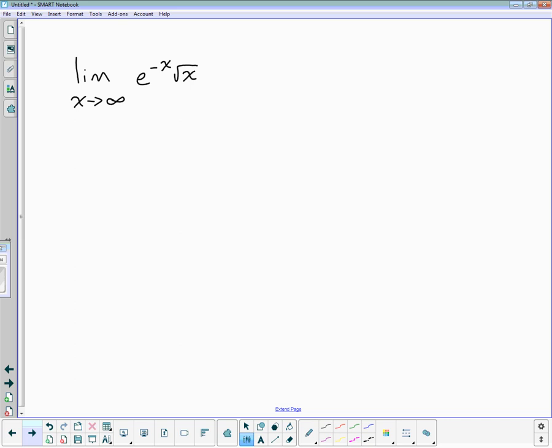Well, the negative exponent means that it's getting smaller, right? So e to the negative infinity would go to 0, and the square root of infinity would still be infinity, right? As far as we know, infinity is bigger than 1, so yeah, it would go to infinity.